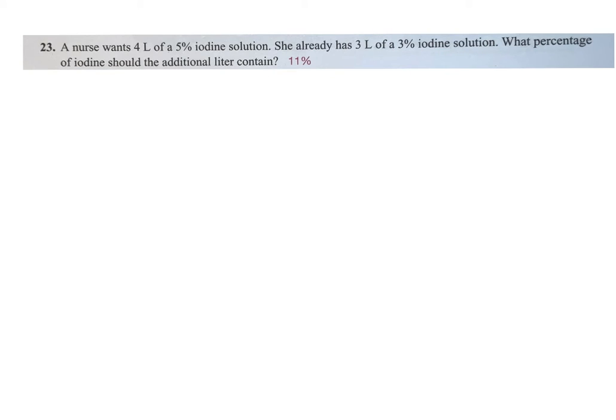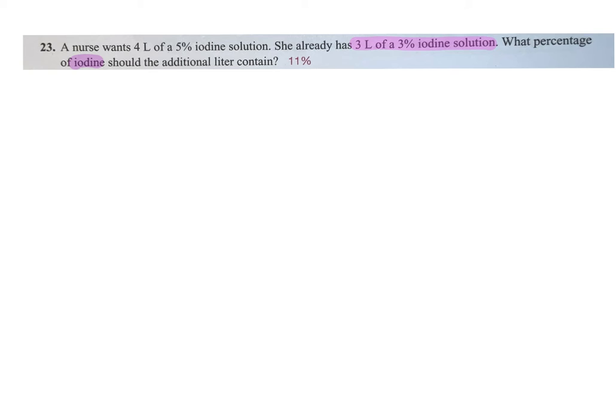All right, so for this one, a nurse wants 4 liters of 5% iodine. She has 3 liters of a 3% iodine. What percentage of iodine should be added? All right, so the 2 pieces that I actually have here is what she already has, 3% of the iodine solution. And she is adding iodine.